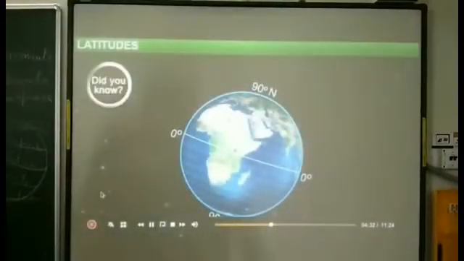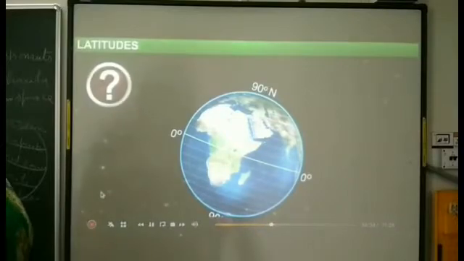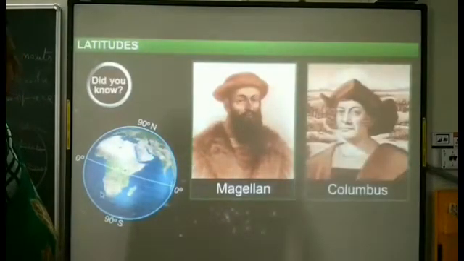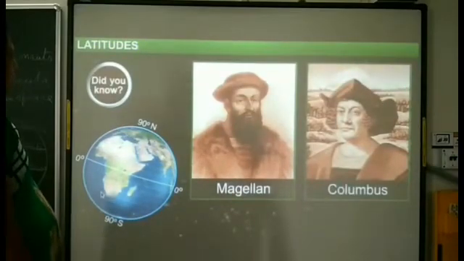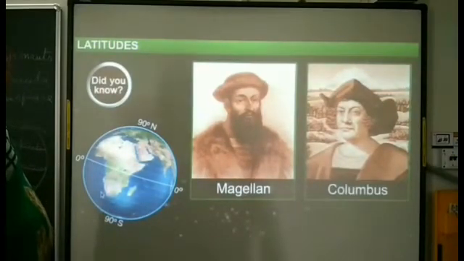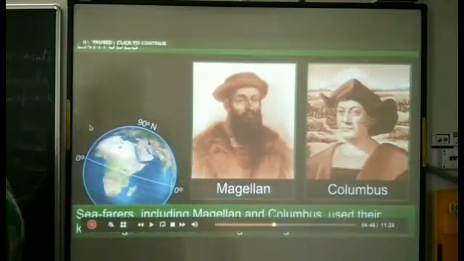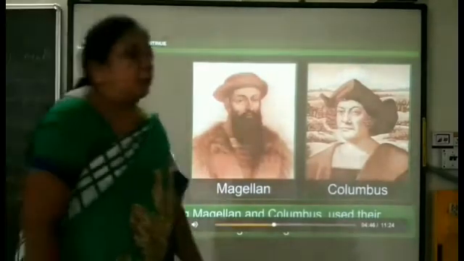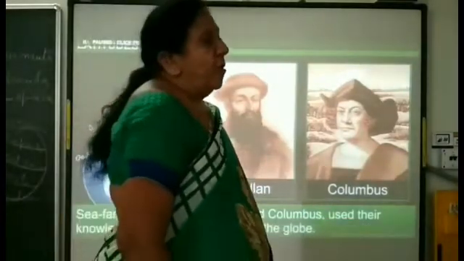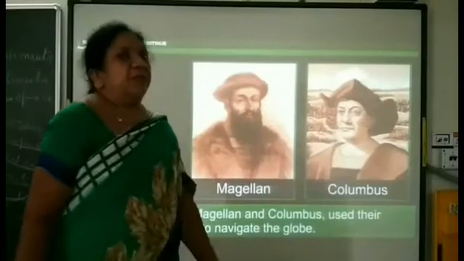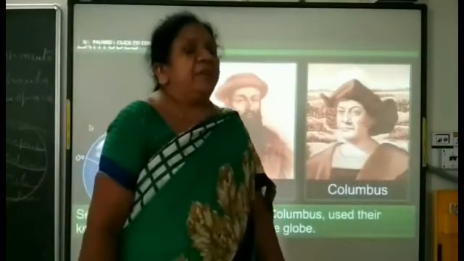Did you know, for many centuries, seafarers, including Magellan and Columbus, used their knowledge of latitudes to navigate the globe? See, who were the persons to know about latitude? Magellan and Columbus, these two were sailors.